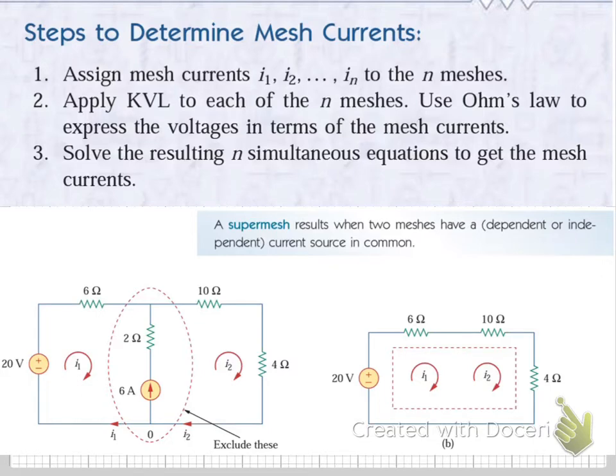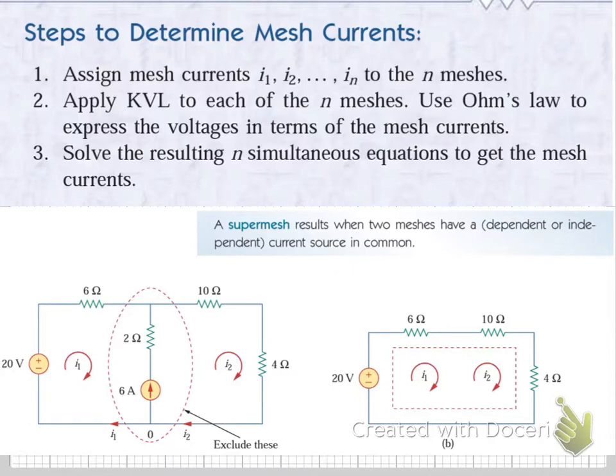Then there's mesh analysis. Mesh analysis is so easy. Nodal analysis is a little bit more difficult than mesh analysis, but mesh analysis is so easy. So with mesh analysis, you assign mesh currents I1, I2, I3 till IN.